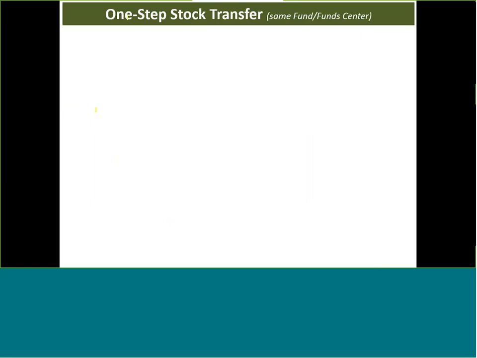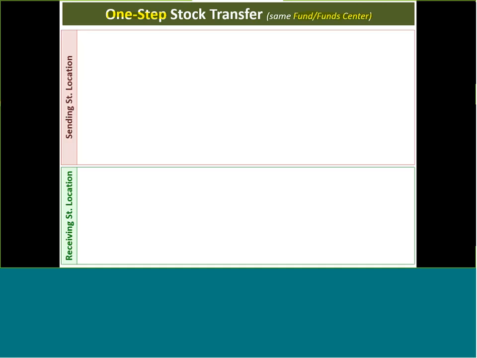Okay. So let's start by reviewing the steps and roles involved in the one-step stock transfer: how to move stock between storage locations linked to the same fund center and always within the same mission. So we have a sending storage location and a receiving storage location. For example, we are sending from Goma to Entebbe.